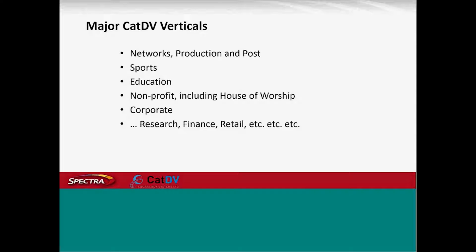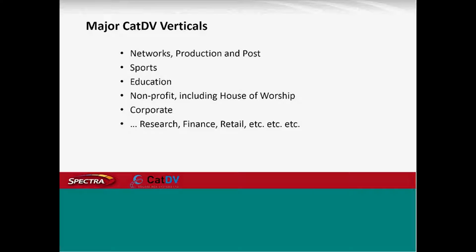Okay, and all of that means that we're pretty successful in a wide range of industries. Our history's been around in the networks and the traditional production and post teams. But as the market's really opened up and folks have more channels to release their content on, internal WANs or YouTube, Facebook, then folks across the whole range of industries can make use of CatDV's powerful management technologies.